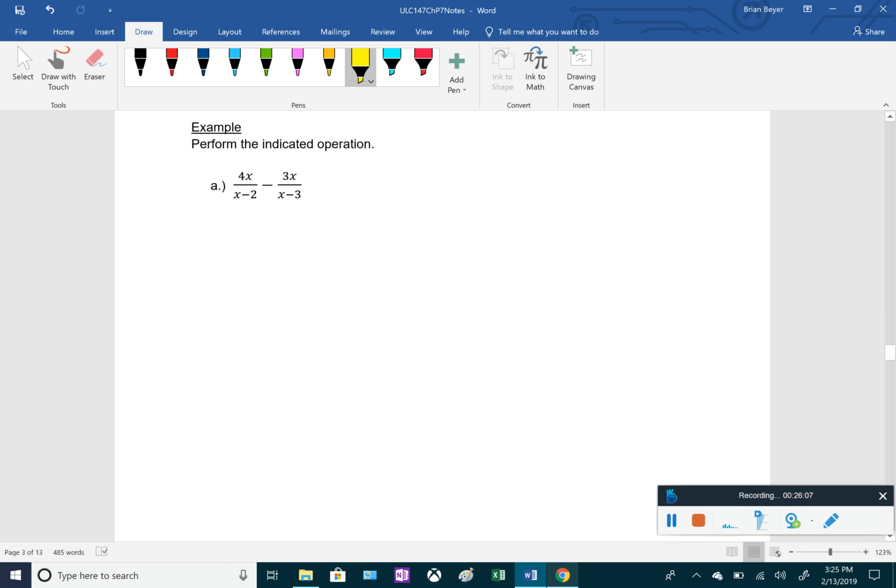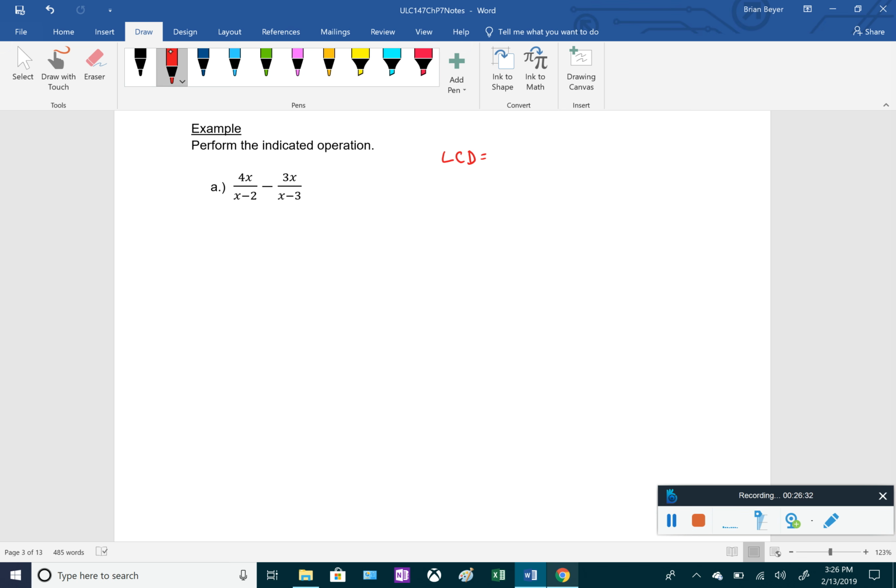So that probably didn't make too much sense, so let's see an example here. Let's do 4x over x minus 2 minus 3x over x minus 3. First we try to factor the denominators. We can't factor anything, so we need to find our least common denominator.